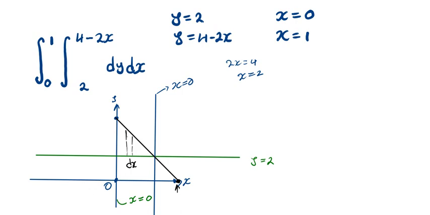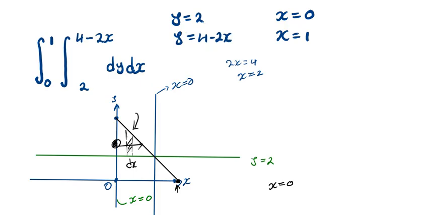So what will happen here is that we are starting from this point for x. The lowest we have is x equals 0. What's the highest we are going, or the furthest we are going from this line going this direction? We are limited by this diagonal line here, which has this equation.